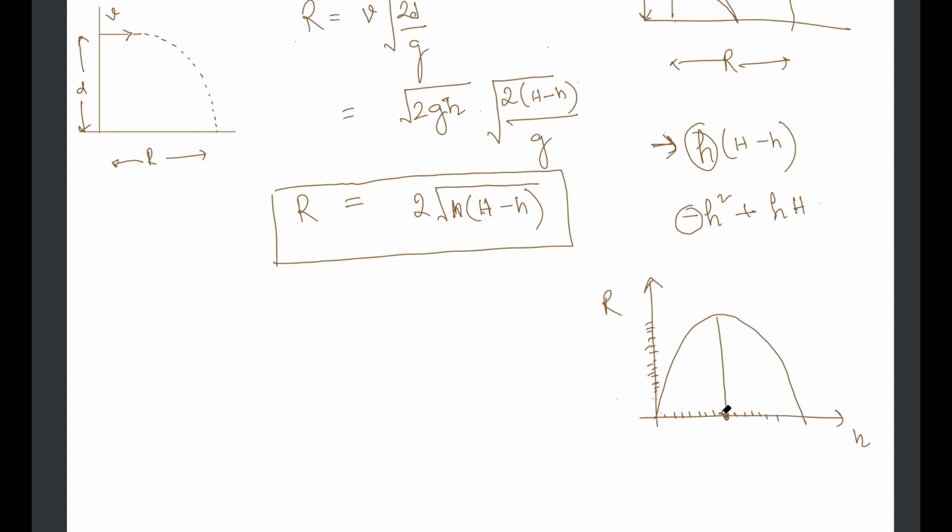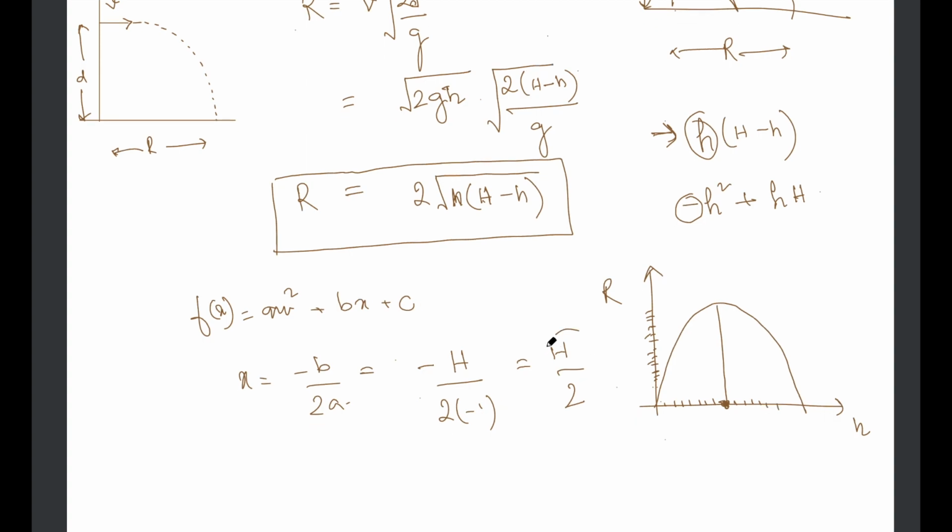So what is this depth till which the range will keep on increasing? For a quadratic of this form, we know that the maximum occurs at the point x equal to minus b by 2a. So using this comparison, minus H by 2 into minus 1. So it's basically H by 2.